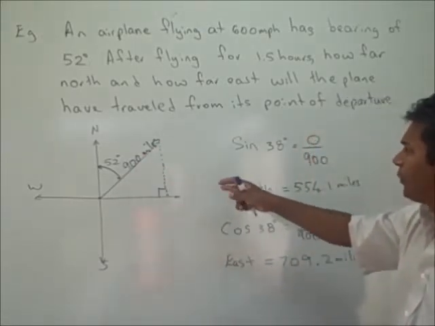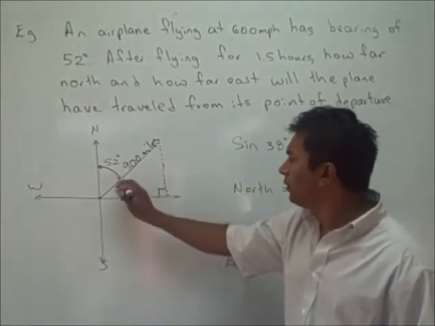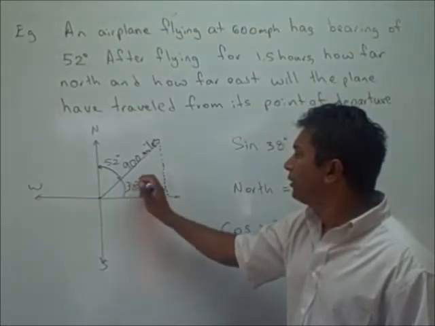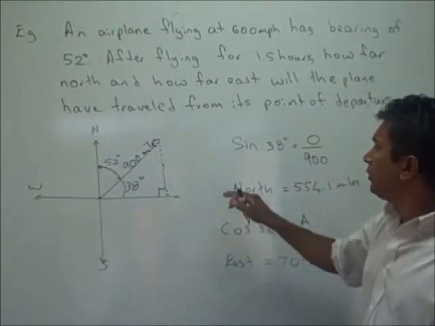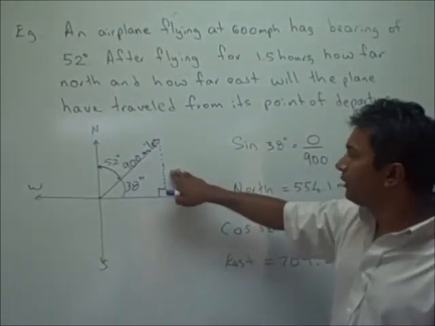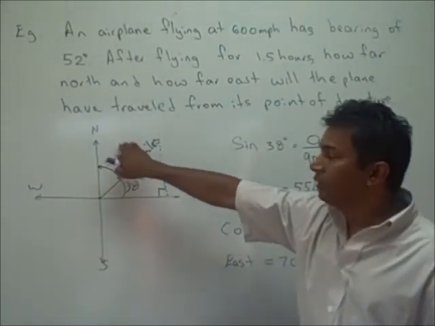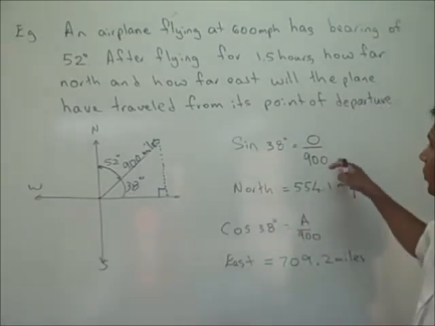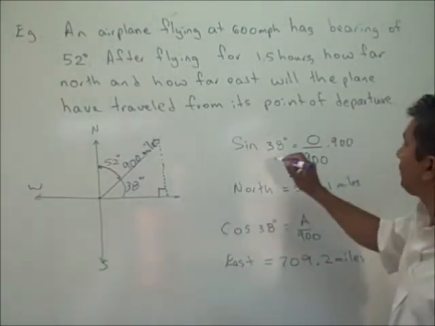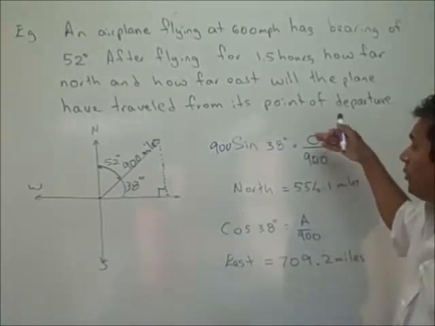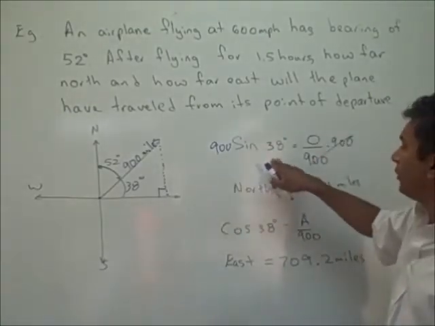We know from our trig function that the sine of this angle, which would be 38 degrees, since this is 90 degrees, so the sine of 38 would be the opposite, or the distance north, over the hypotenuse, which is 900. So if we multiply both sides by 900, we get opposite, which is our north, is equal to 900 times sine 38.